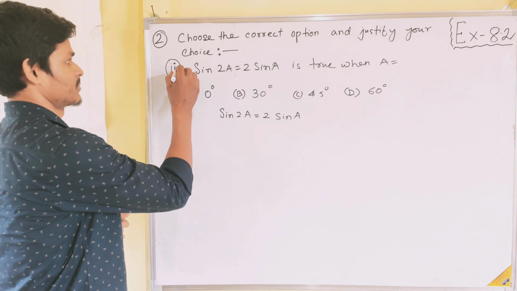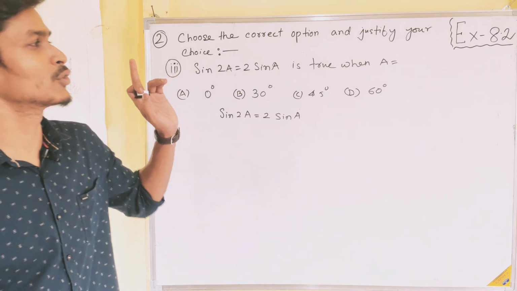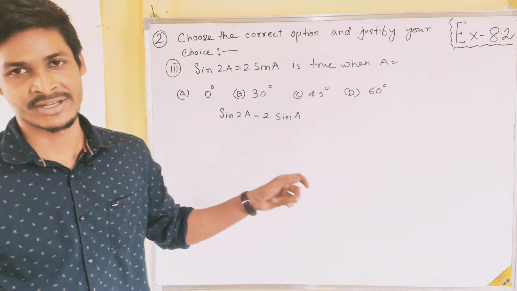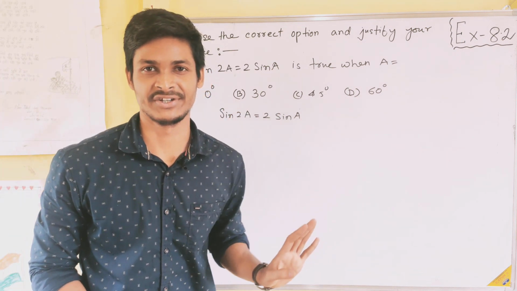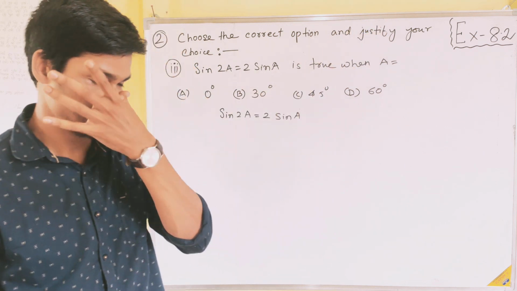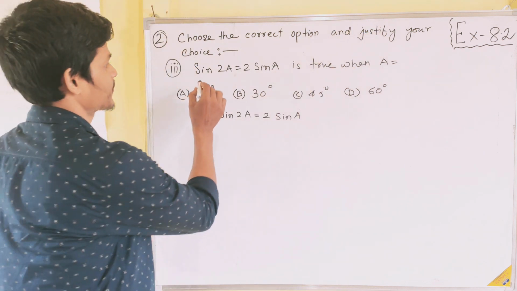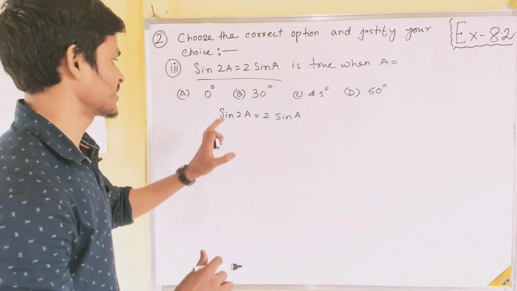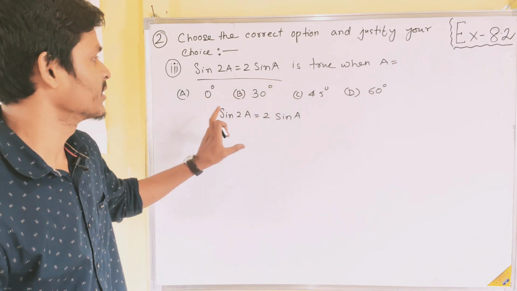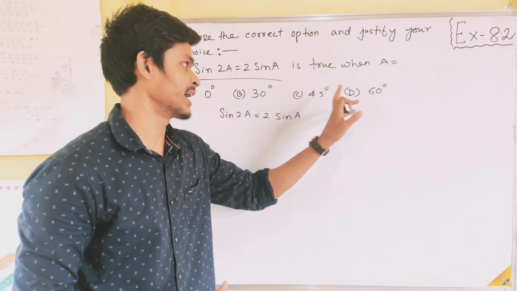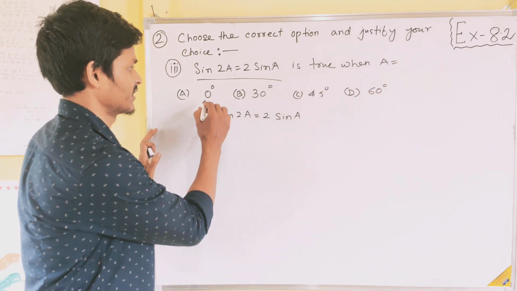Okay, this is number 3. Sin 2A equal to 2 sin A is true when A equals 0 degree, 30 degree, 45 degree or 60 degree. You have to check for which angle A this condition is correct, that is, sin 2A equal to 2 sin A. I will put in the angles of A one by one, first 0 degree.